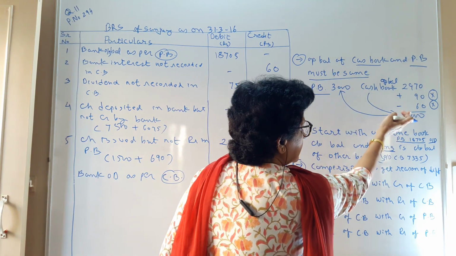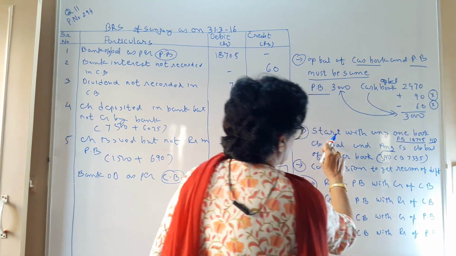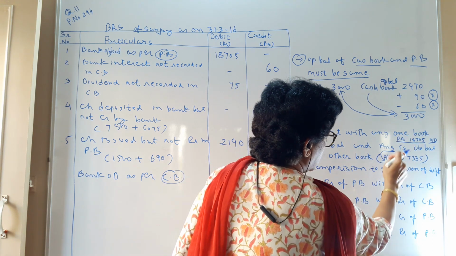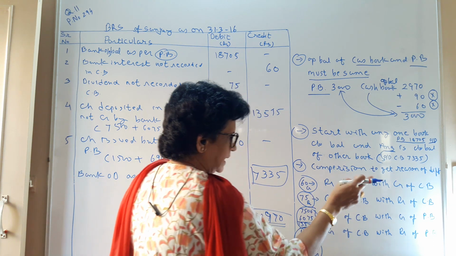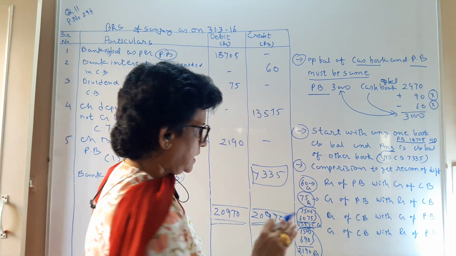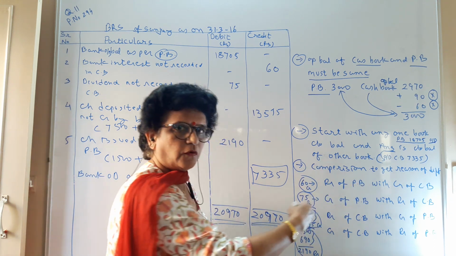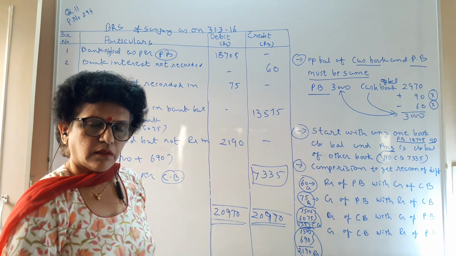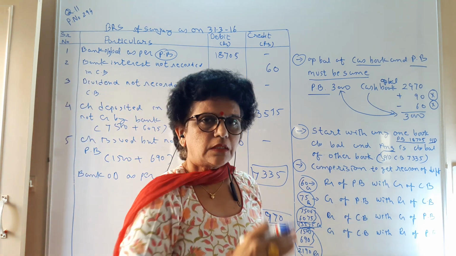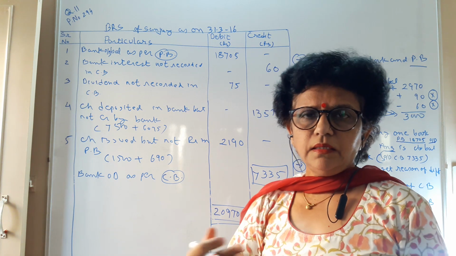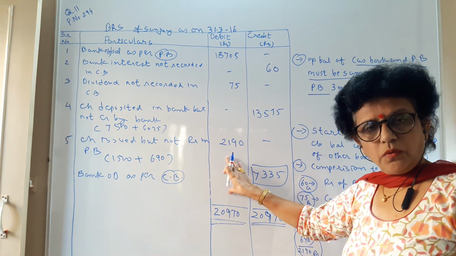Make it equal, and till that time whatever transactions are there are to be ignored. Second, start with any one of the books. Your answer is the book, another book is the answer. Balance given in the question itself. And how to get the reason? By comparing all the 4 columns with one another. So very important question from exam point of view, and you must know the logic of doing practical solution of BRS and how to make the BRS on your own. Thank you.